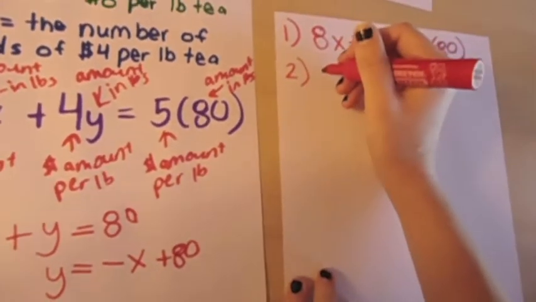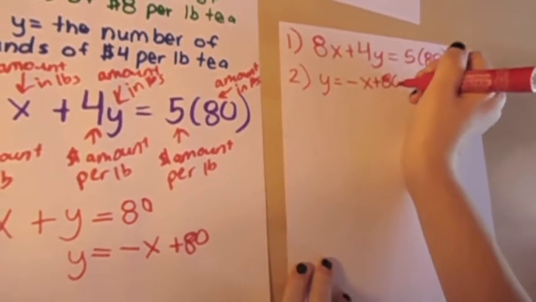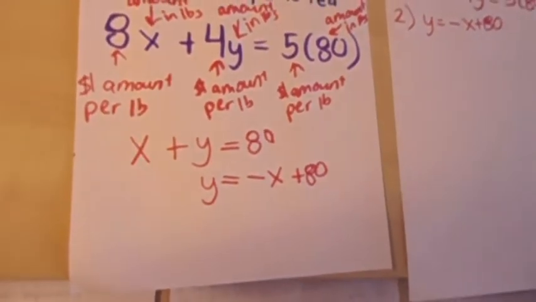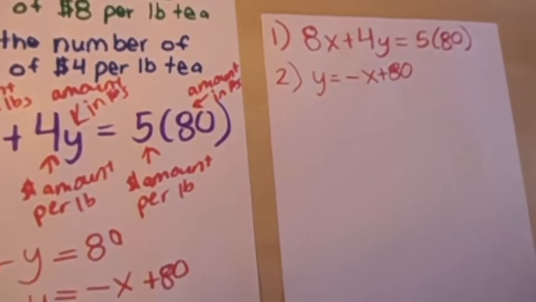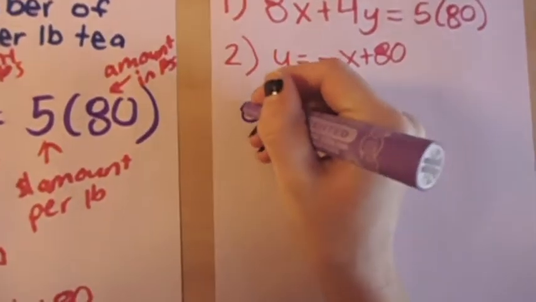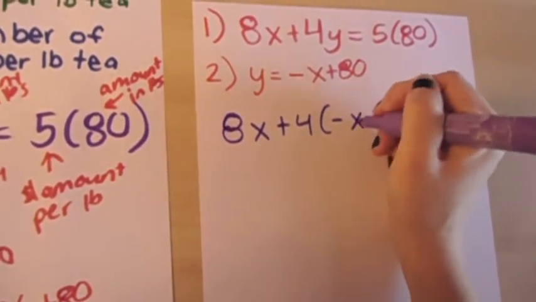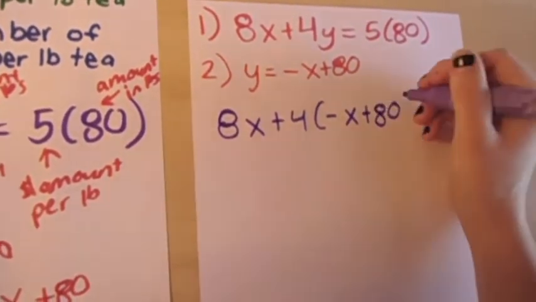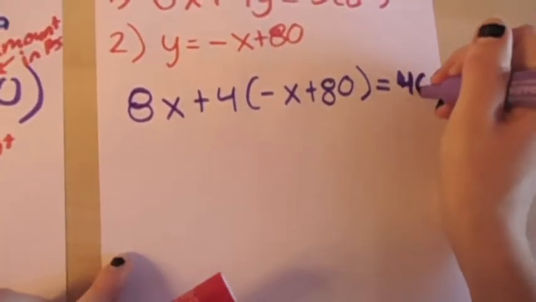And now we'll plug in for y in equation 1. So we'll put 8x plus 4 times negative x plus 80 equals 5 times 80, which is 400.